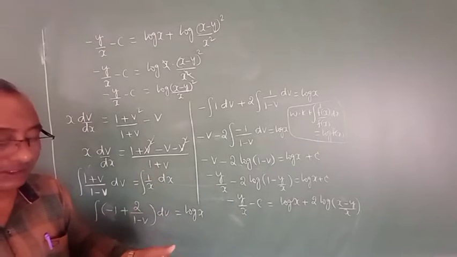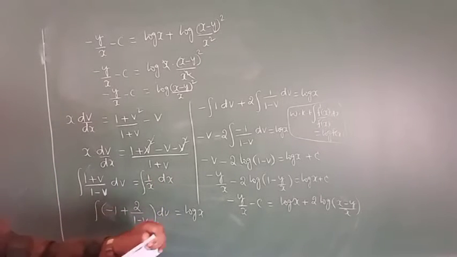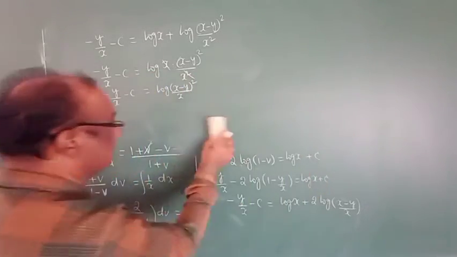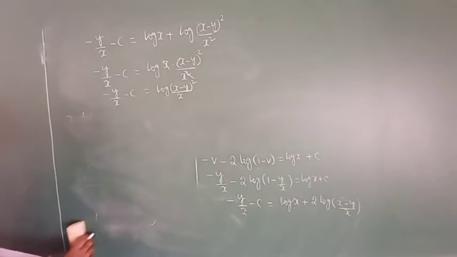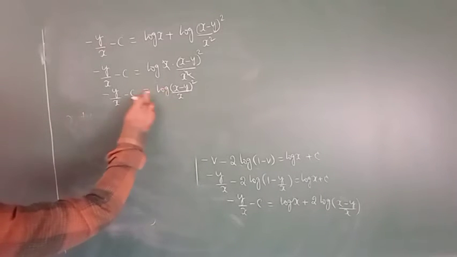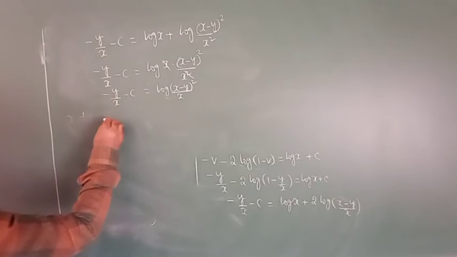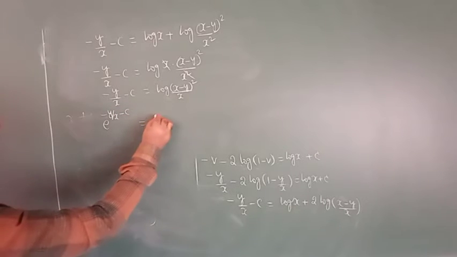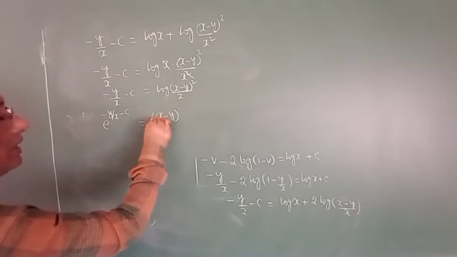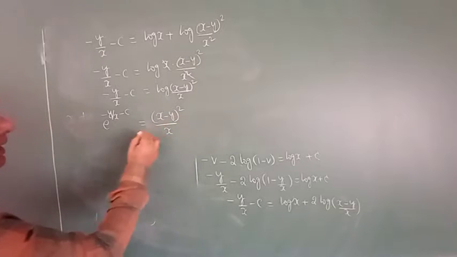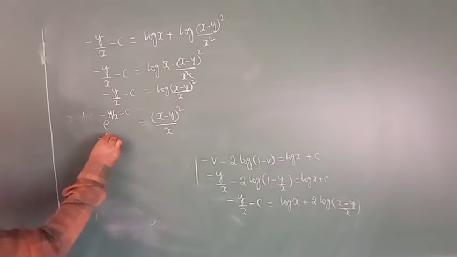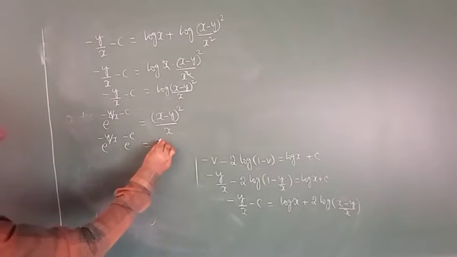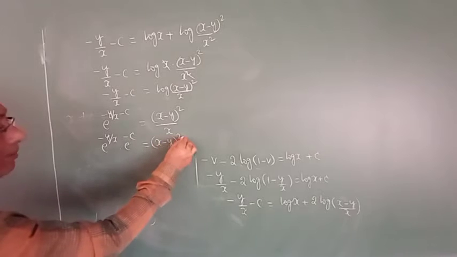You can move further. If the textbook answer is needed, the log should be replaced. Log is with base e, so take the power of e: e power of minus y by x minus c is equal to x minus y whole square by x. That is, e power of minus y by x into e power of minus c is equal to x minus y whole square by x.